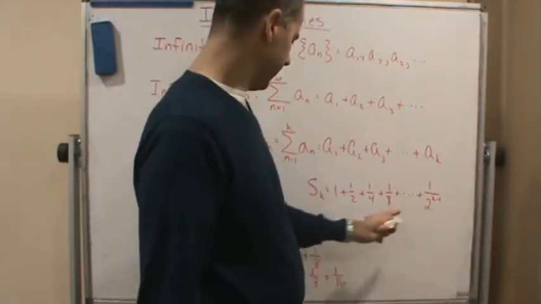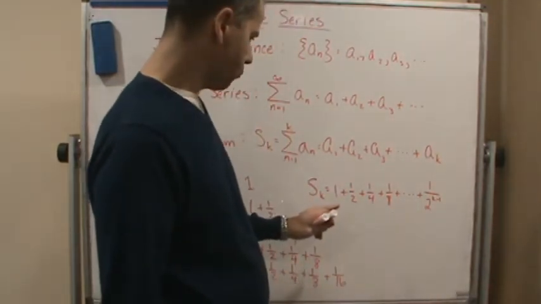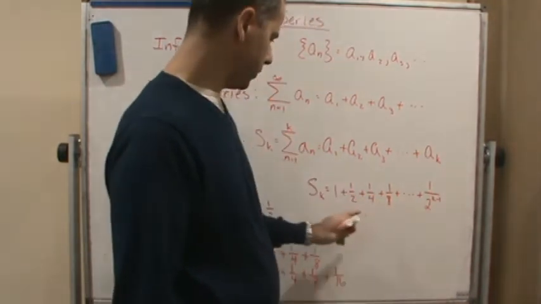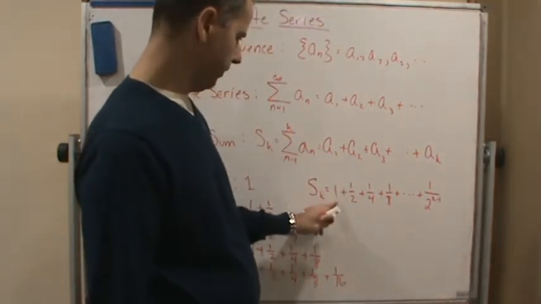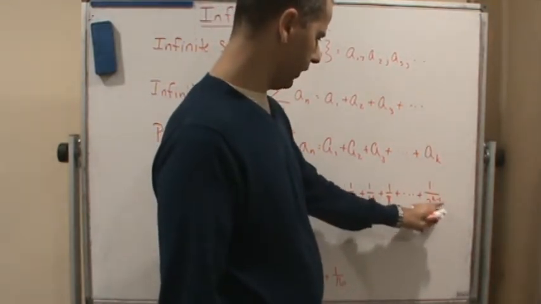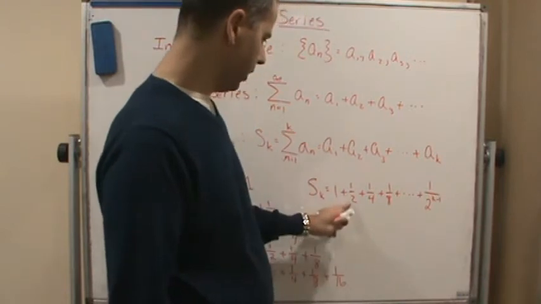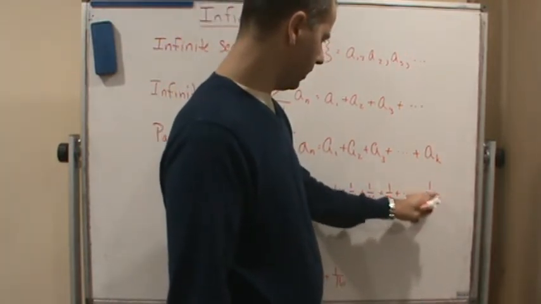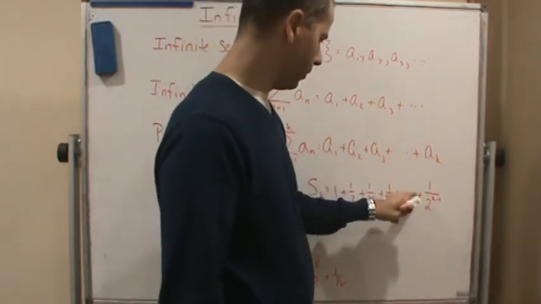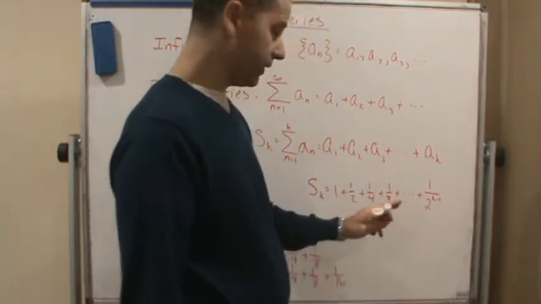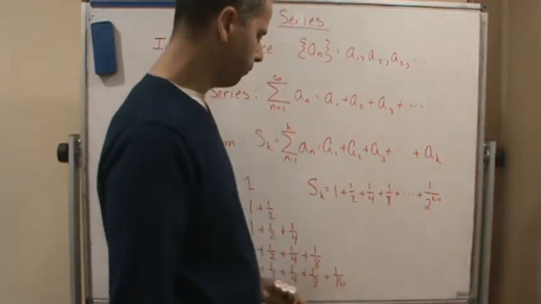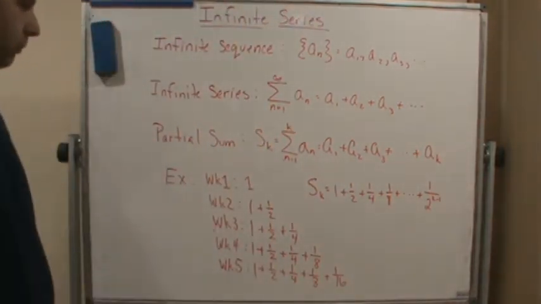Because when K is 1, you get 2 to the 0, which gives you 1 over 1, which is 1. When K is 2, the second week, you get 1/2. For the third week, you get 1 over 2 to the second, and so on. So the nth term of the sequence is going to be here.